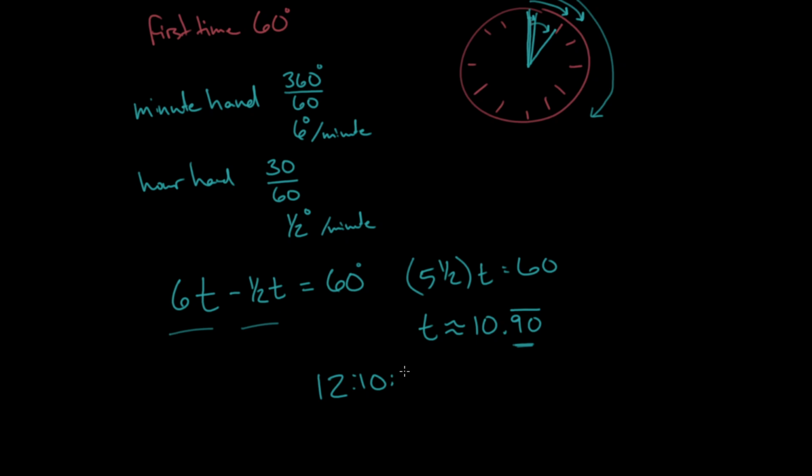Well, 0.9 repeating times 60, and so it'll be 12:10 and 54.54 repeating seconds. That's how long it'll take for my hands to first reach a 60-degree angle after 12 o'clock.